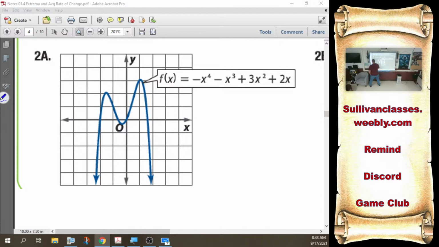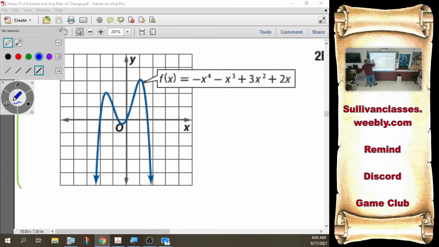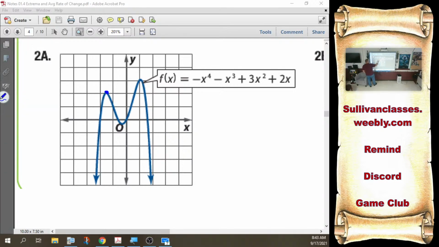Okay, just looking at these, I know that this is relative or absolute, maximum or minimum. Relative, minimum or maximum? Maximum. So I know that's a relative maximum.